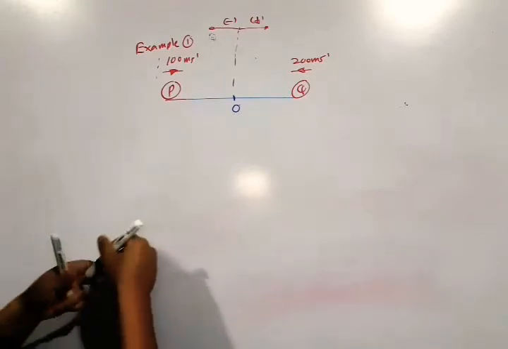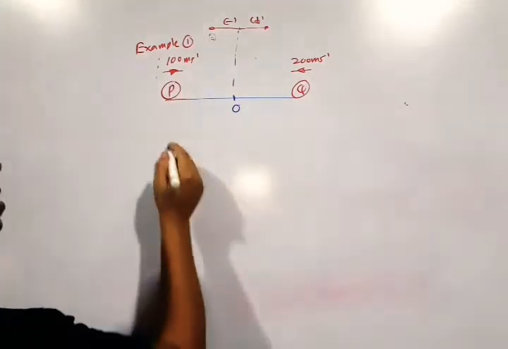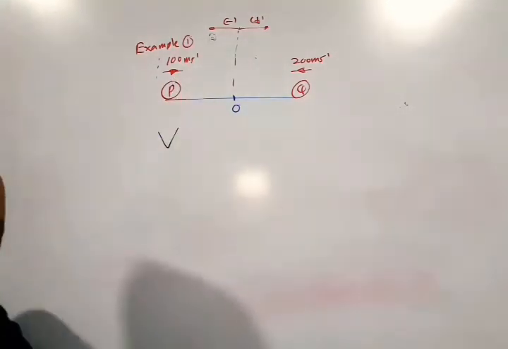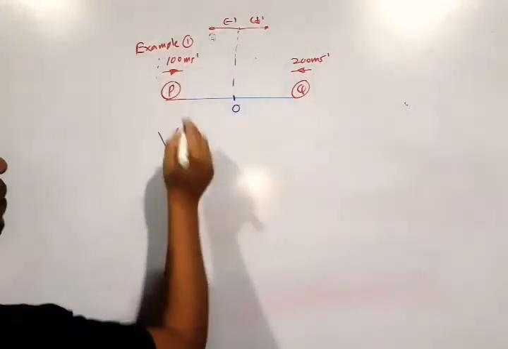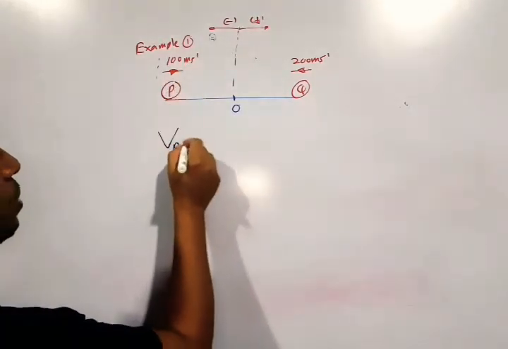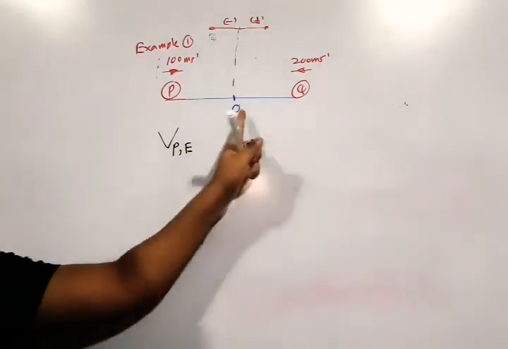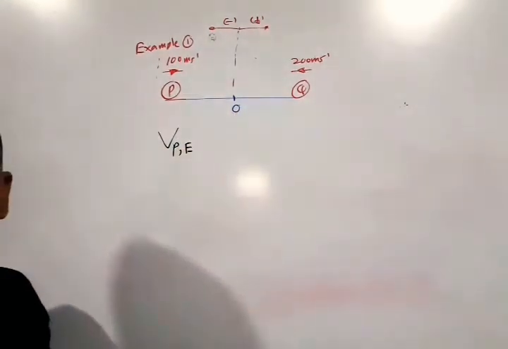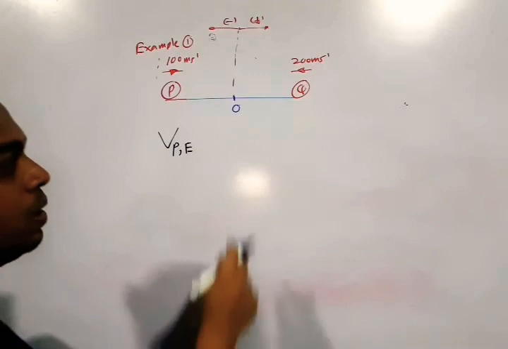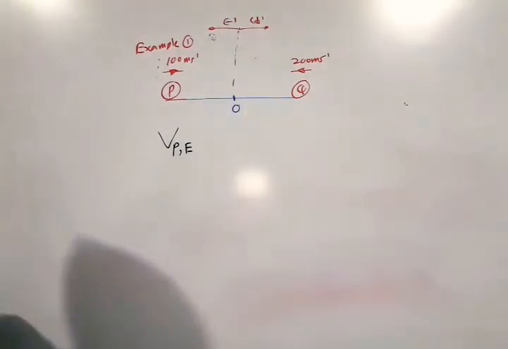So the velocity of P, we no longer represent it with a single quantity. So velocity of P with respect to Earth, we can either use O or we can use Earth here because Earth is not moving and O is located on Earth.